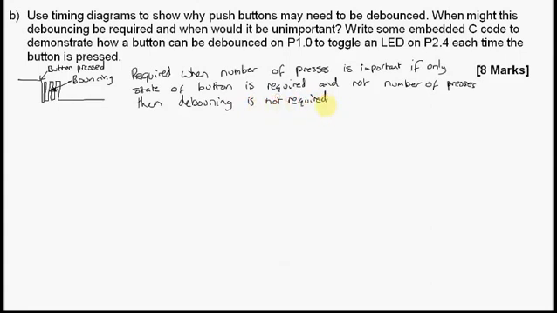Okay, now we need to write some code. So we've got a button that we're going to debounce on P1.0. We're going to toggle an LED on P2.4 each time it's pressed. So we need to write something like this. Let's do a quick flow diagram.